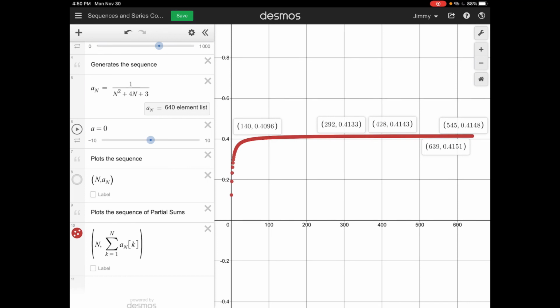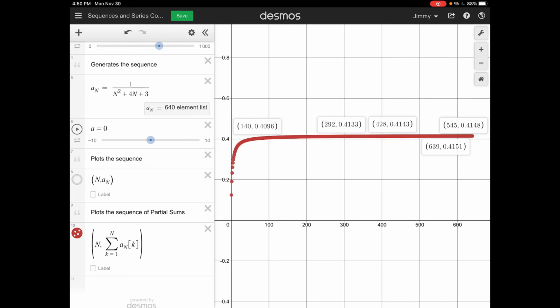So if we were going to estimate, the sum would be approximately somewhere around 0.415 or slightly bigger. Now we can agree that this does indeed converge by looking at this graph of the sequence of partial sums.